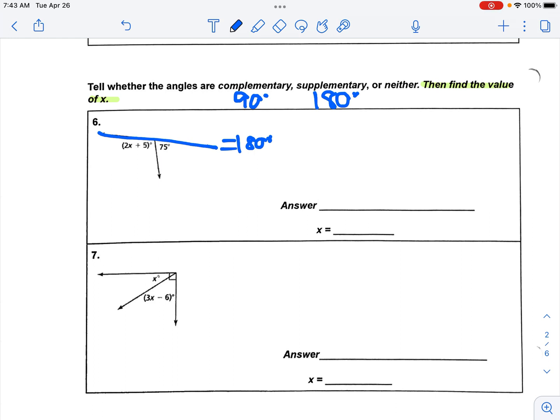So my equation will say 2x plus 5 plus 75 equals 180. Draw your mirror. Combine like terms. So I see I have 5 and 75. So 2x plus 80 equals 180.